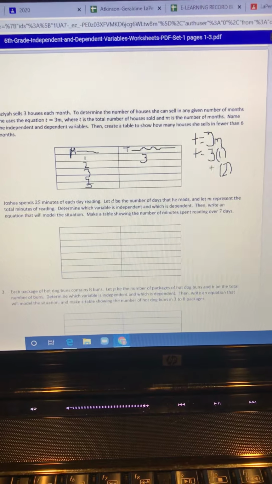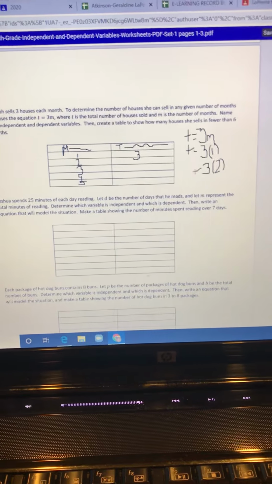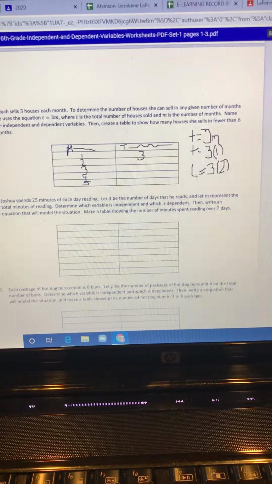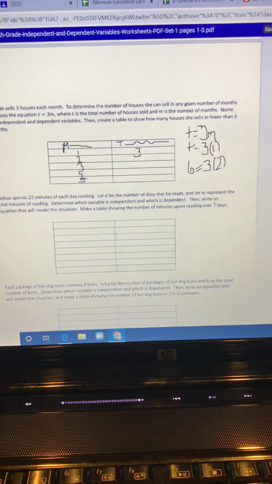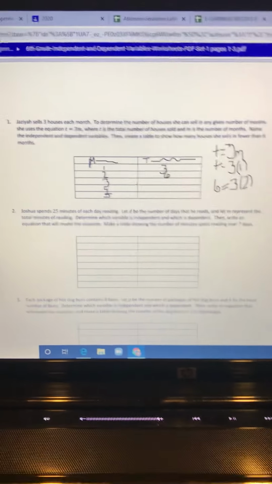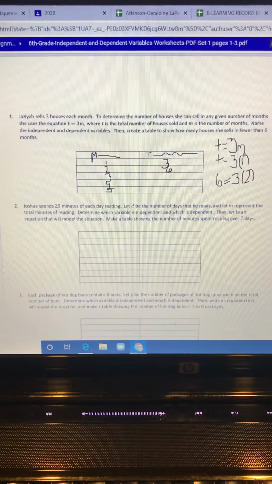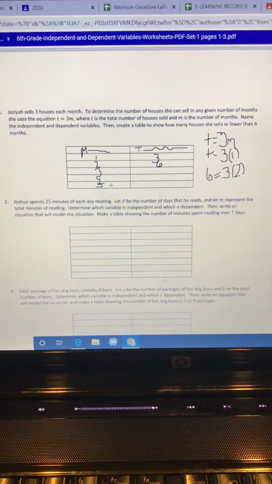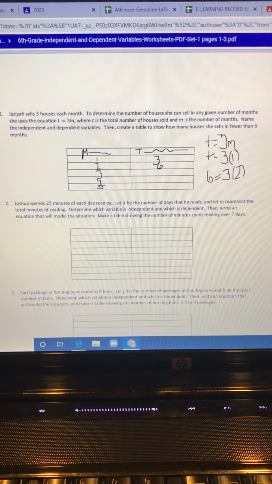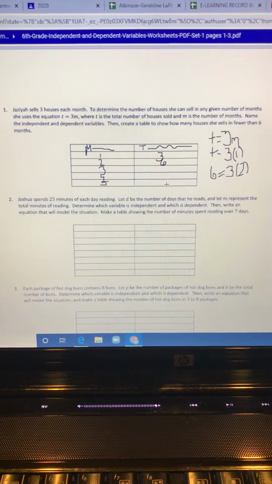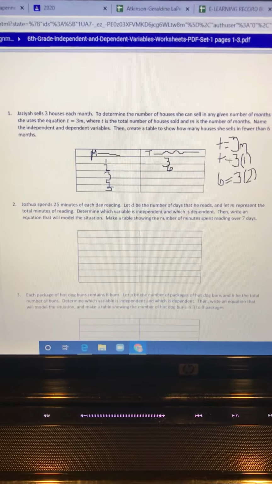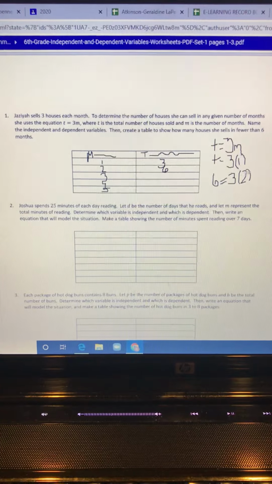I'm still multiplying it by 3. That's my equation. And it gives me my total number of houses, which is 6. And that would go next to the 2 in the chart, etc. I would plug in the 3 for months, then the 4 for months, and the 5 for months to get my total number of houses each time I plug in a different X input, X variable.